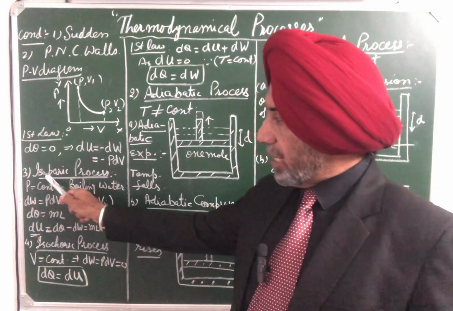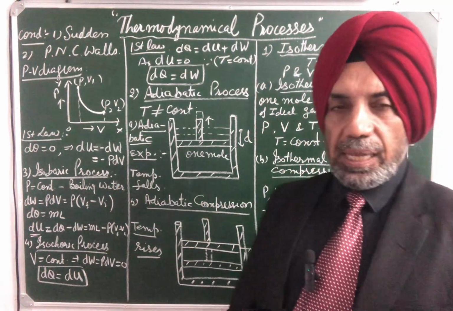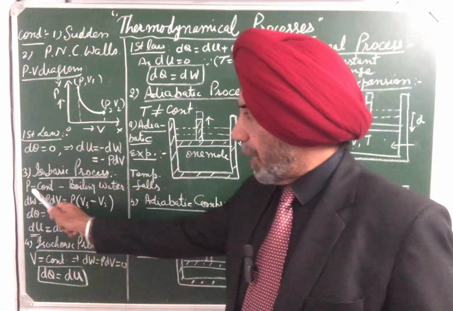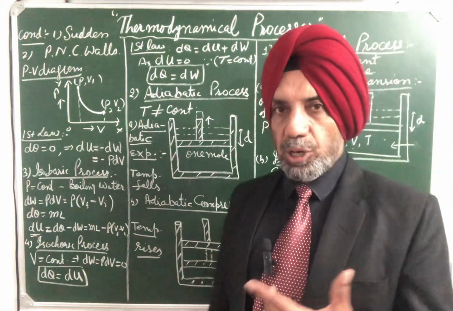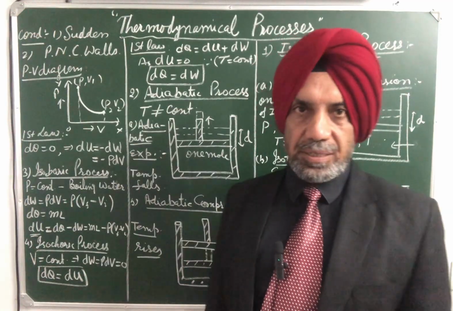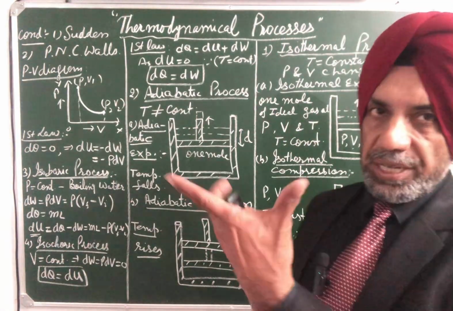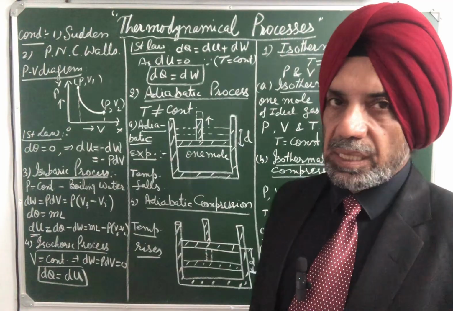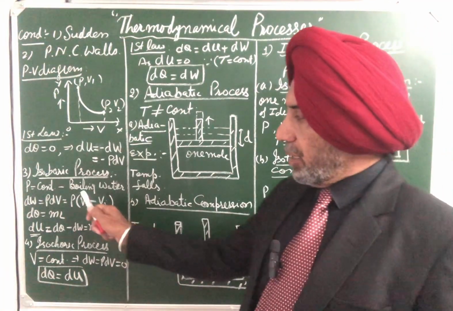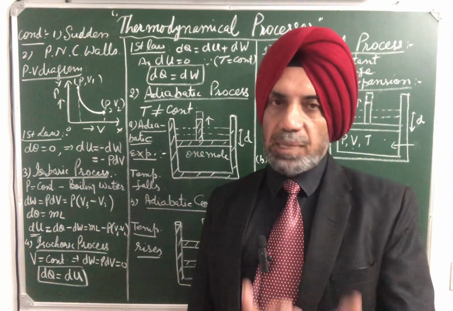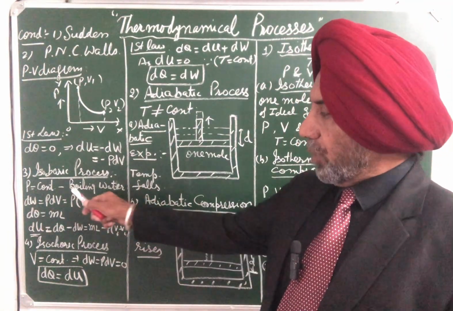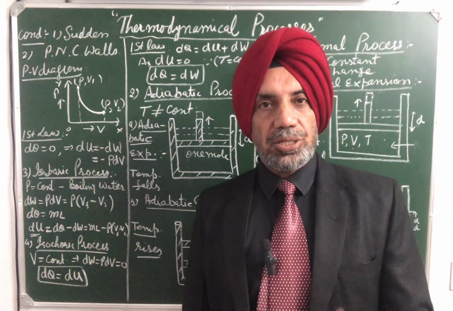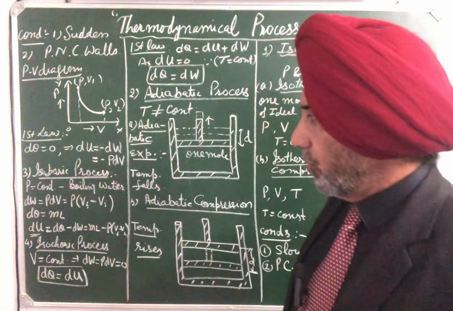Then the third process, known as the isobaric process. In case of an isobaric process, pressure is kept constant. For example, when a liquid boils, say water boils at constant temperature, and its temperature is also constant at the boiling point. Till the whole of the liquid converts into vapors, the volume will change.